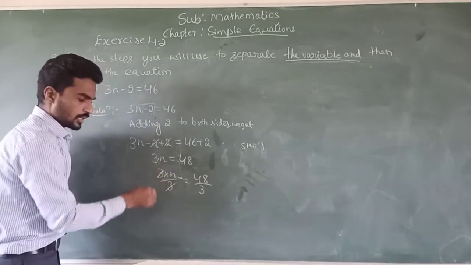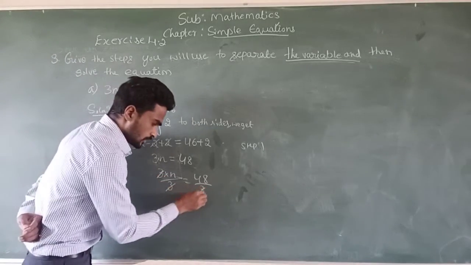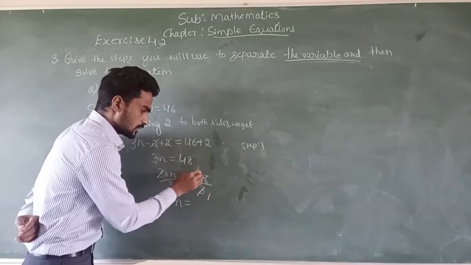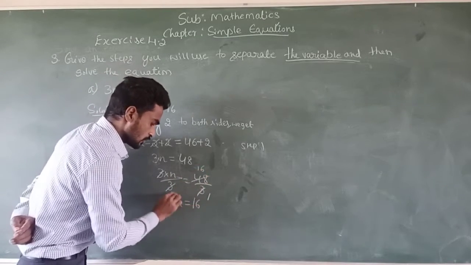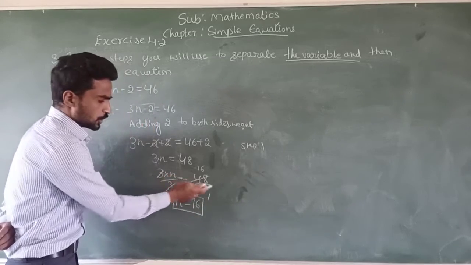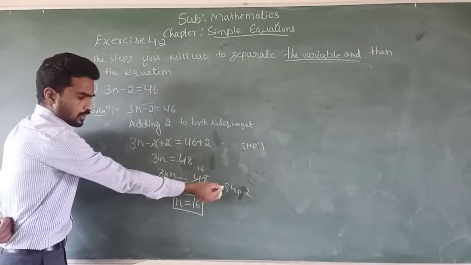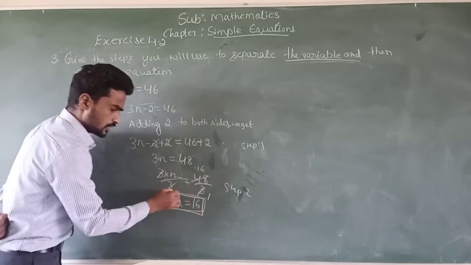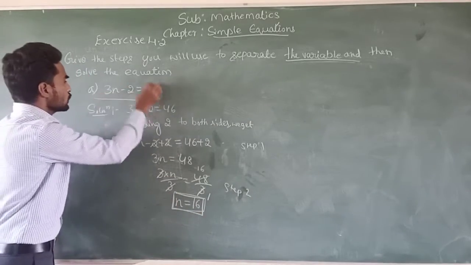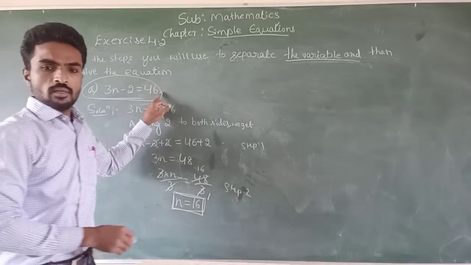Then 3 cancels out. The remaining LHS is n. Here 3 ones are 3, 1 carry over. Then 18 is there, 3 sixes are 18. n is equal to 16. This is called step 2, for separating the variable. Here n is equal to 16 is the solution of the given equation 3n minus 2 is equal to 46.